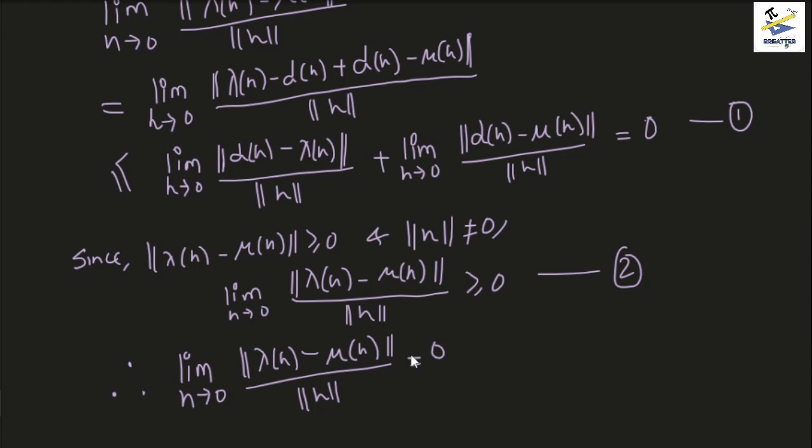Now since h is not equal to 0, we must have lambda of h minus mu of h going to 0.